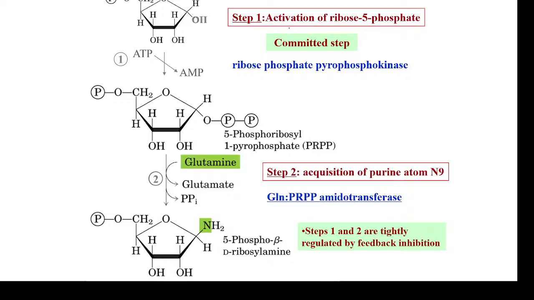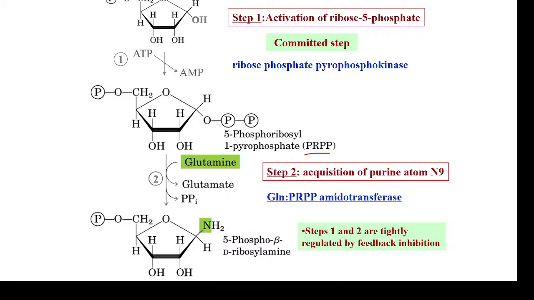The first step is activation of ribose 5-phosphate by phosphorylation. Here ATP is going to transfer 2 phosphate units to ribose 5-phosphate and it is converted to 5-phosphoribosyl pyrophosphate, referred to as PRPP. This reaction is catalyzed by ribose phosphate pyrophosphokinase. Then glutamine will transfer an amine group to PRPP to form 5-phospho beta-D-ribosylamine.